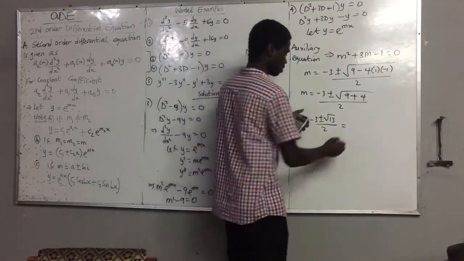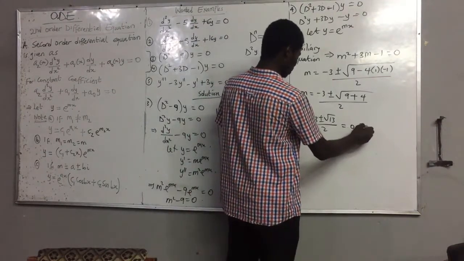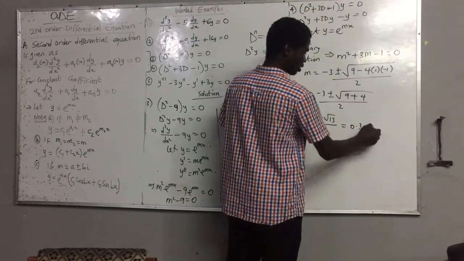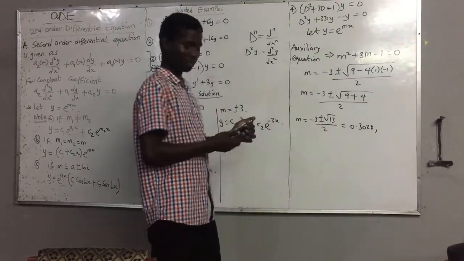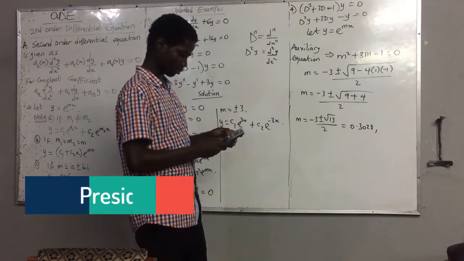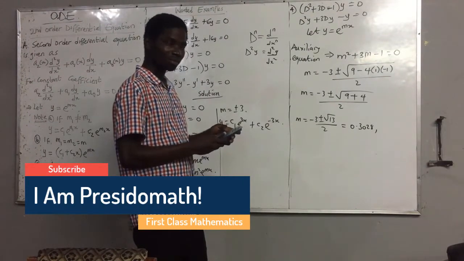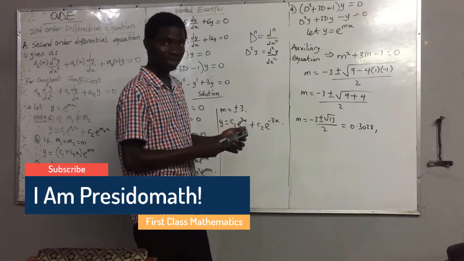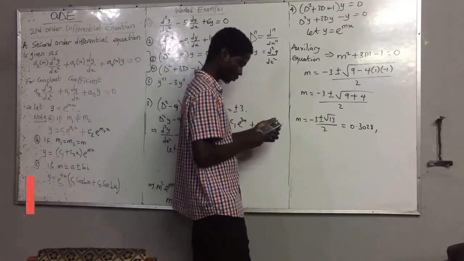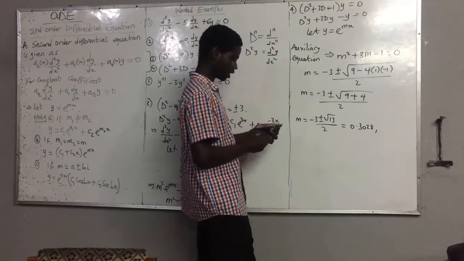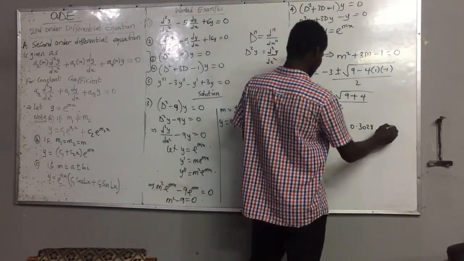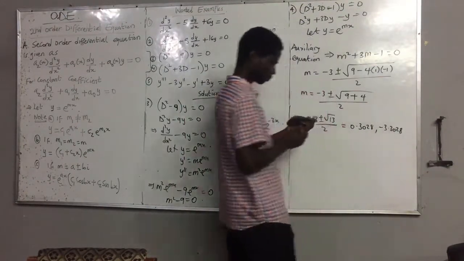The answer is 0.3028. And the second one, minus 3 minus root of 13 over 2, the answer is minus 3.3028.